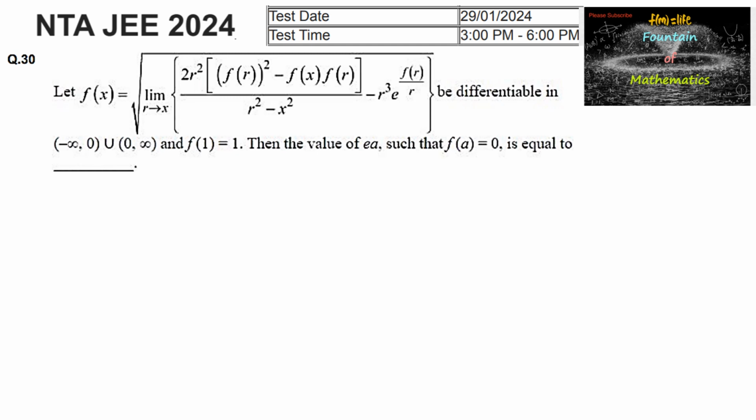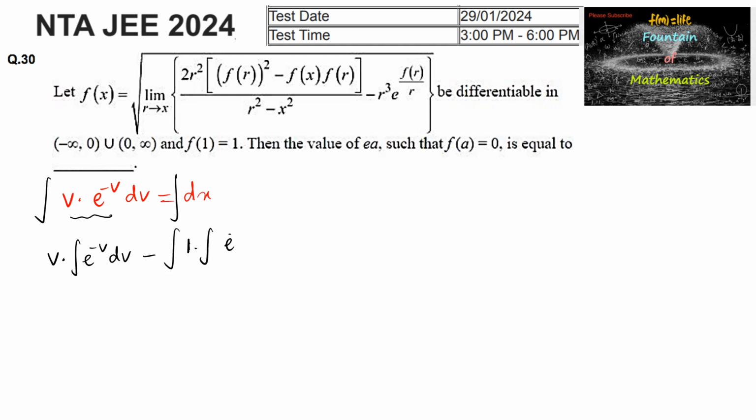So after simplifying, we got the equation in variable separable form: v upon e power v dv is equal to dx. Integrating on both the sides, v into e to the power minus v dv is equal to dx. By using integration by parts, according to the ILATE rule, the exponential function will come later. So first v into the integral of e to the power minus v dv, minus the integral of the differentiation of v, which is 1, into the integral of e to the power minus v dv, whole dv, is equal to x plus some constant c.